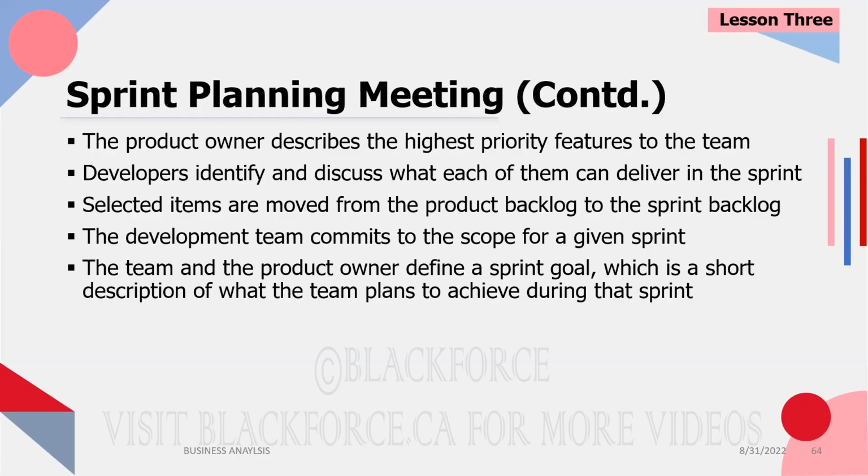These 5 things happen at the sprint planning meeting. The sprint itself has not started at this point. Let's say the sprint is starting on Monday, next Monday. We will have the sprint planning meeting sometime this week to plan that sprint that we're starting on Monday.